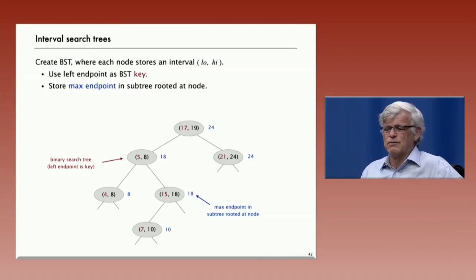So we store 24 at the root, and of course at the right subtree. In the left subtree, the max endpoint is 18, so that's what we store as the associated data with the node to the left of the root, and so forth. That's data that we're going to have to maintain when we do an insert, and it's data that we'll use when we're doing an interval intersection search.